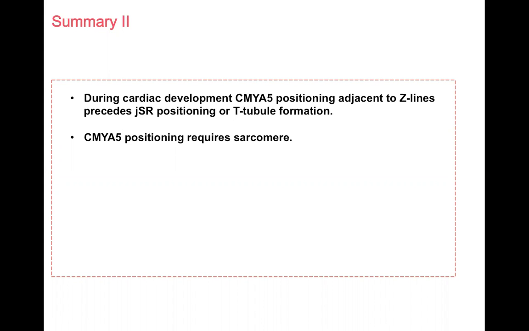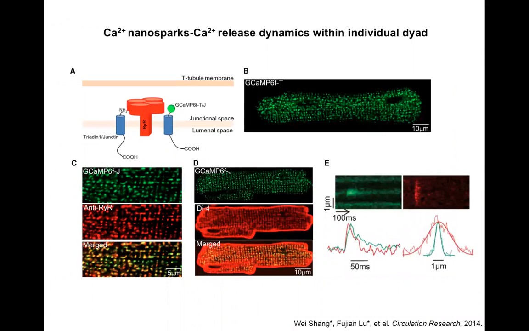that we developed. The first one is the dyad-targeted calcium sensor, made by targeting the genetically encoded calcium sensor GCaMP6F to the N-terminus of junctophilin 1, so that we could resolve the calcium dynamics at a single individual dyad level.